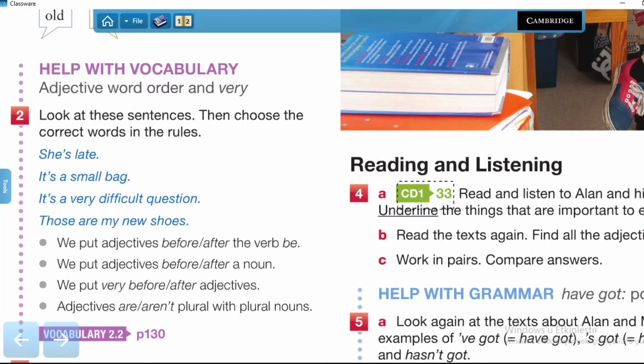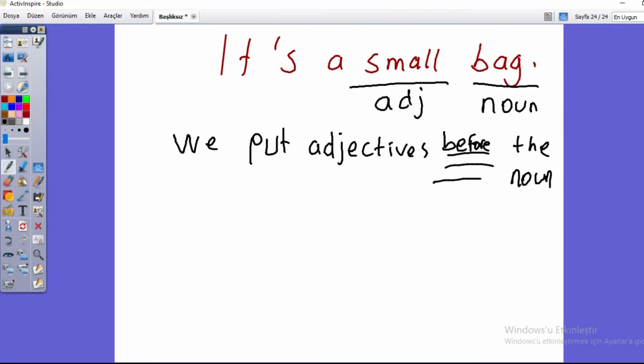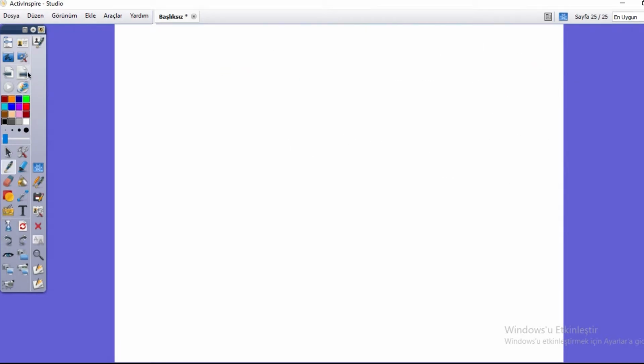Number 3, it's a very difficult question. And the rule says we put very before or after adjectives. Of course, here we put very before adjectives. Let's write it on the board again.